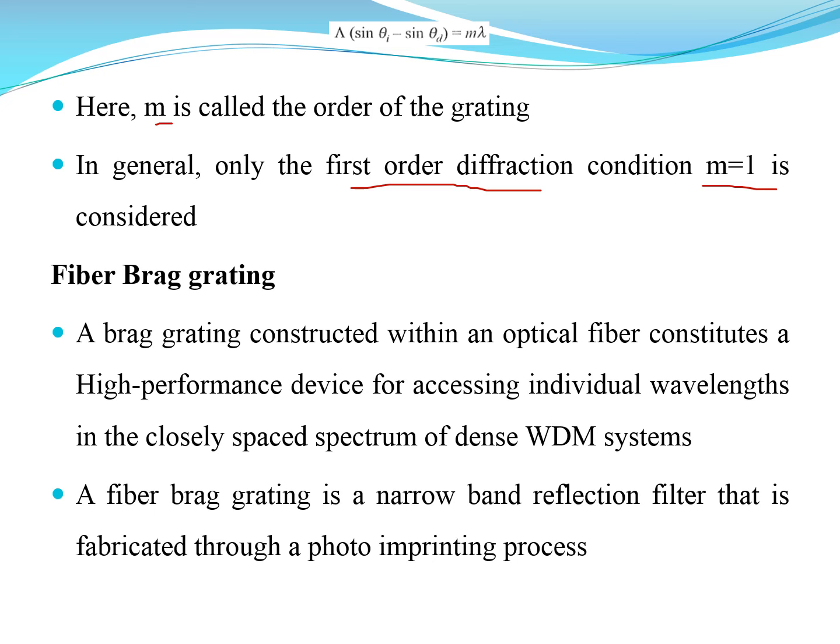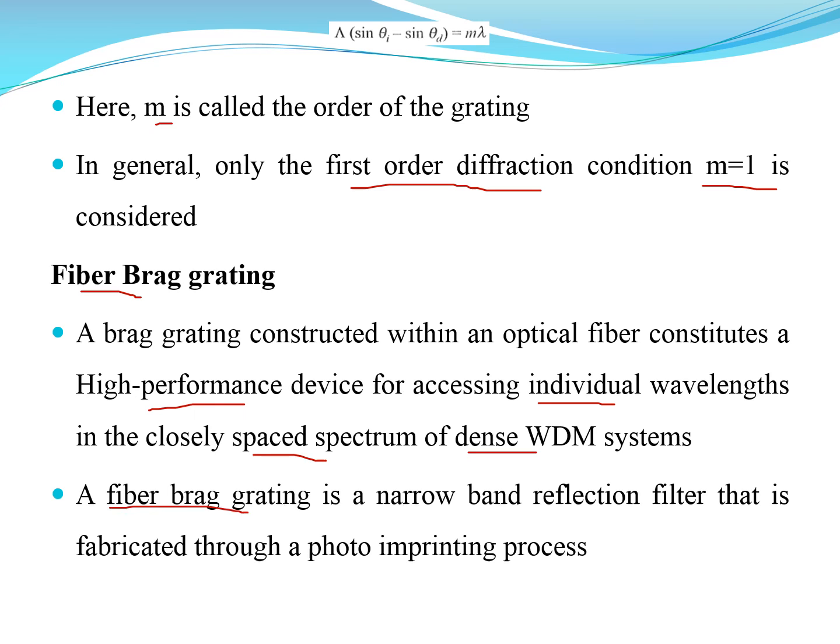Then we have the concept of fiber Bragg grating. These are high performance devices for accessing individual wavelengths in the closely spaced spectrum of DWDM systems, that is, dense wavelength division multiplexing systems.